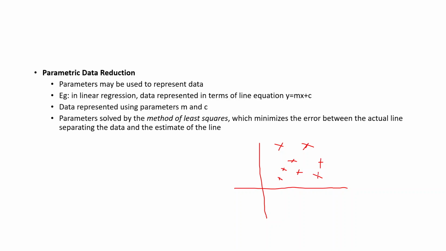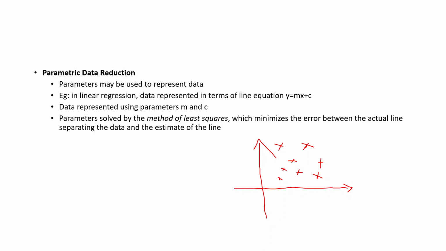Okay, we have some data like this, say a representation of the age of people in your class or in the college. And in the case of linear regression, what we try to do is estimate a line which passes through all the data.